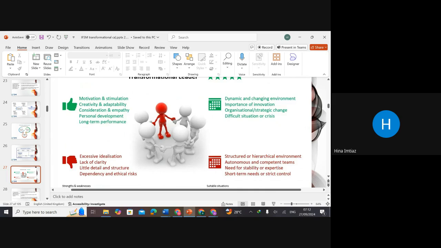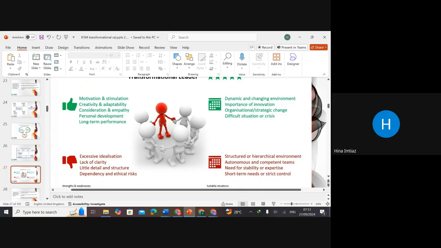We have to give importance to innovation, organizational strategic change, and difficult situations or crises. A team can perform in such a way if they are working under a leadership that is able to solve the difficult situation or the crisis. Only then will you be able to bring the transformational change.